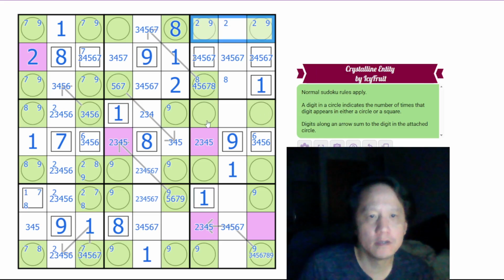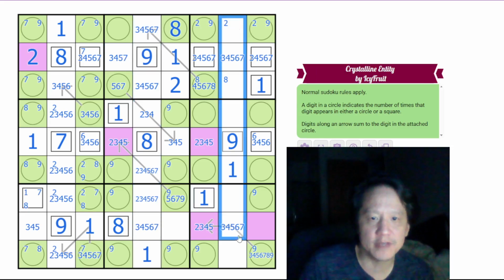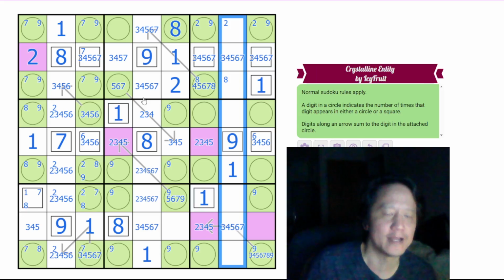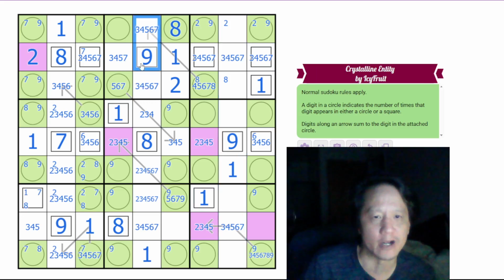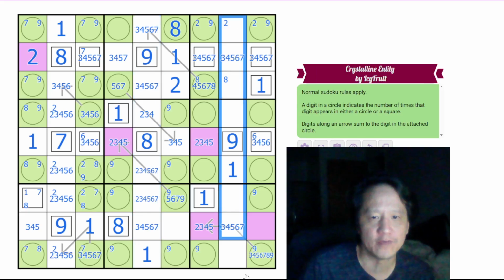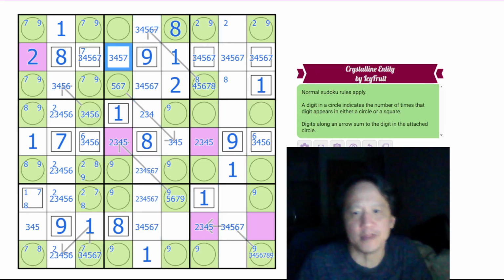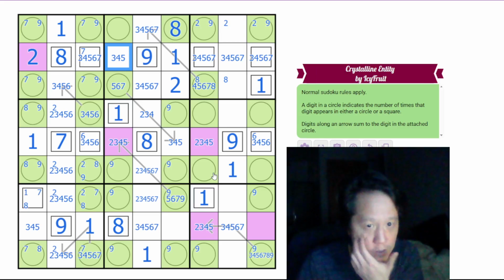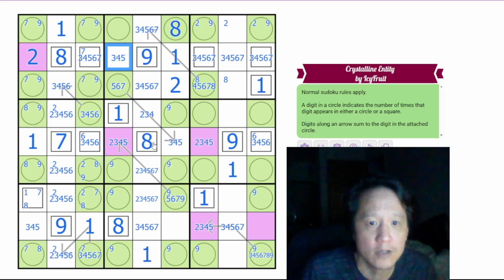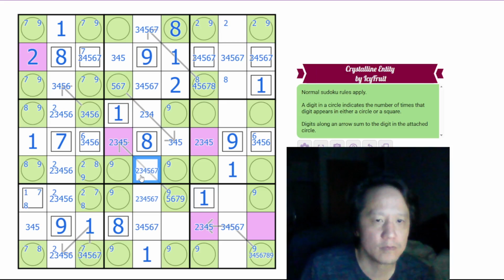Okay, again, there cannot be a 7 outside of a circle or square outside of columns 5 and 8. We're guaranteed 7 has to be outside of a circle or square in those two columns. Therefore, this can't be 7 here. I don't know why I had a 7 there. This could be 7, though.